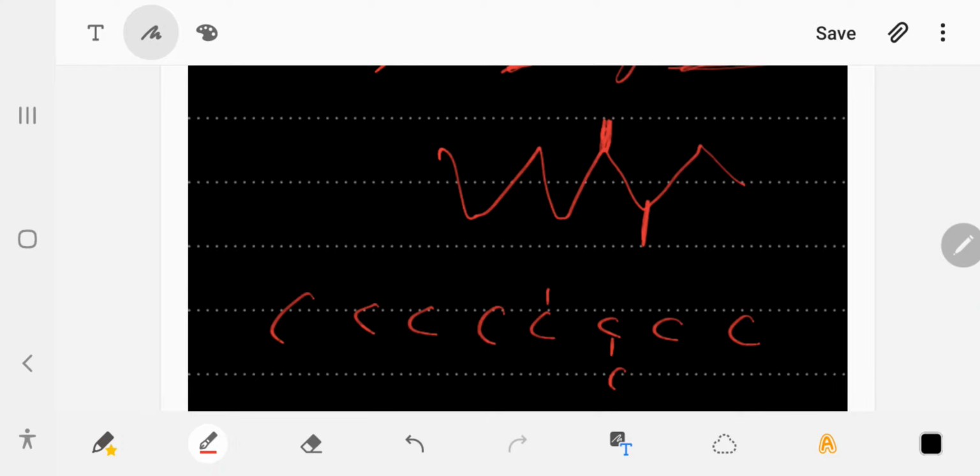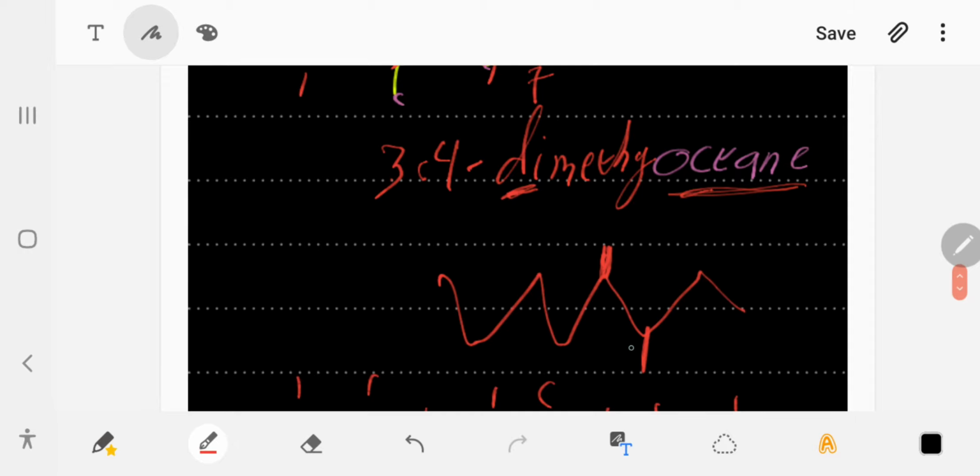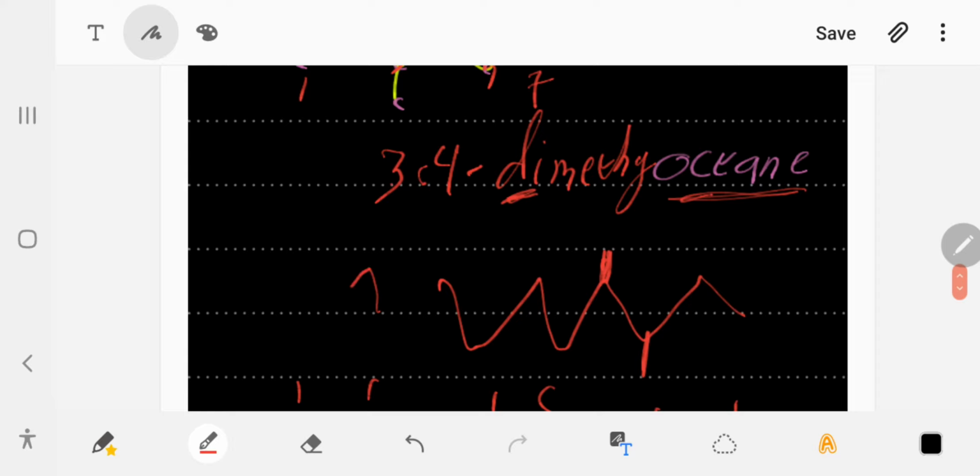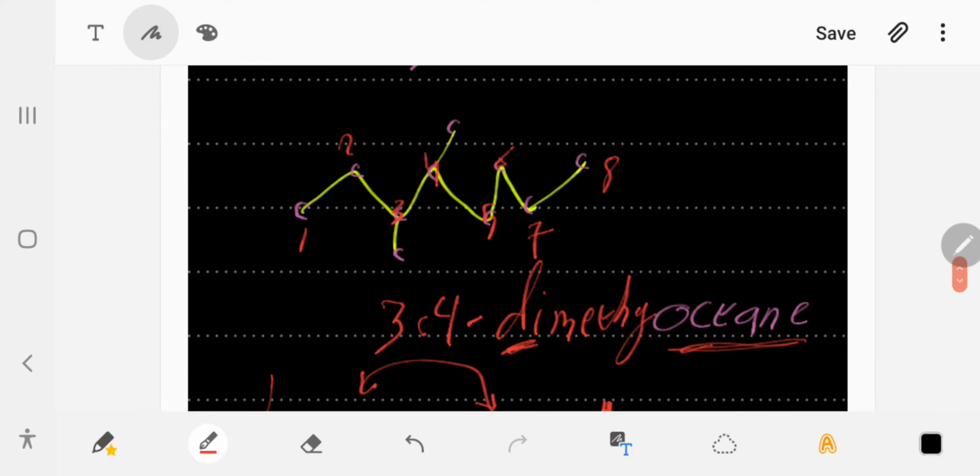Here you have C and here you have C. This is the same compound as this one. And remember that 3 and 4, they are the same because this one is a flipping of this one. So they are not isomers, they are the same compound.